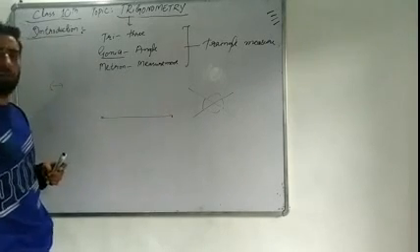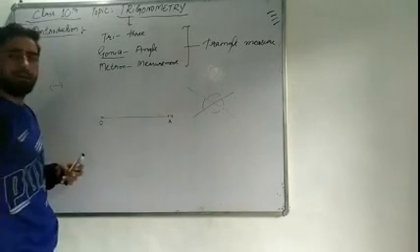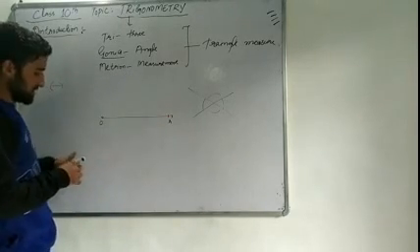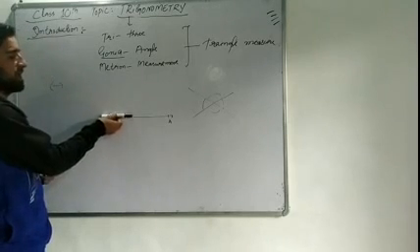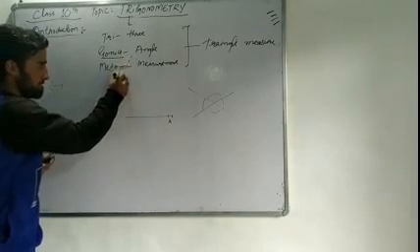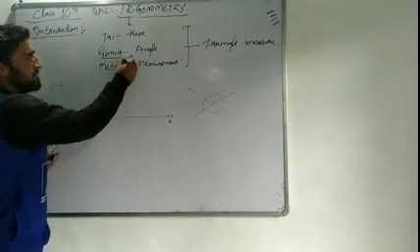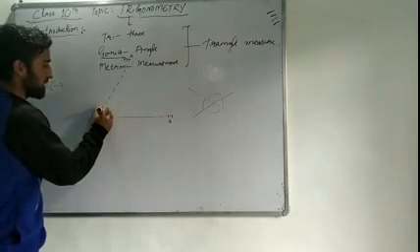Let us suppose this is a ray and this is some fixed point O and this is a ray OA. Now if this ray rotates and takes a new position, like this ray can be rotated like this, it takes a new position somewhere here, then we see an angle AOB has been described.